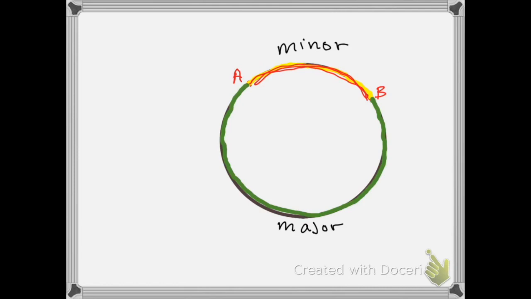Okay, so how do we say this notation? We'll say arc, okay, so you say AB for the minor arc, and you just put some sort of a circle around, okay, and that arc is always going to be less than 180 degrees. Now for the major arc, you're always going to have three letters.